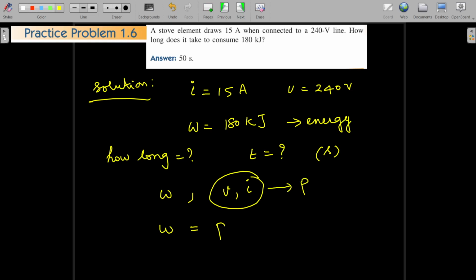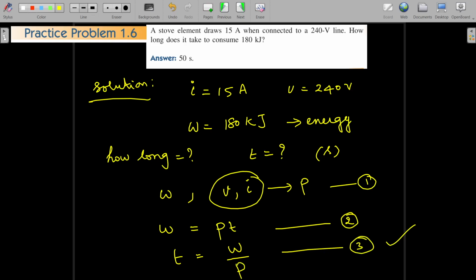W is equal to power into time. So our first step is to calculate the power using V and I given. And the second step, using this formula, work done or the energy, that is equal to power into time taken, we can calculate T as W by P. So this is the final step for us.